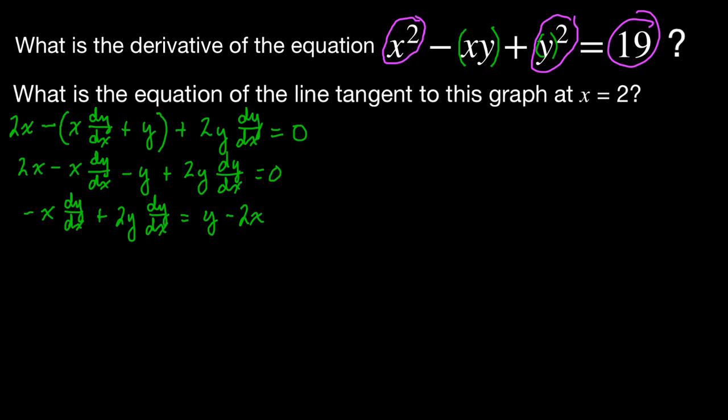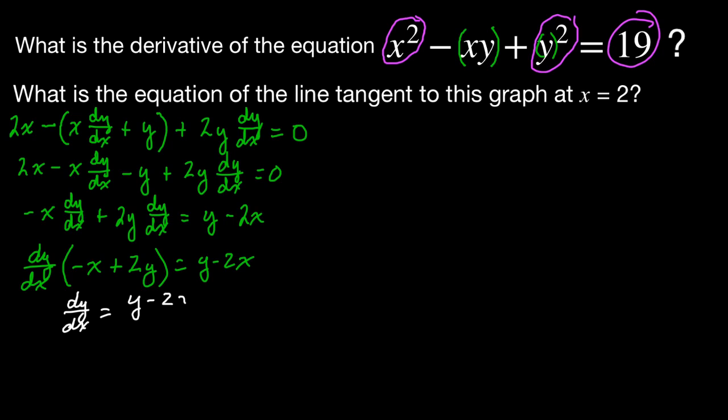Now we need to isolate dy/dx, and both of these terms have dy/dx in them. So you're going to factor out dy/dx, which will leave you with negative x plus 2y equals y minus 2x, and then solving for dy/dx, we get dy/dx is equal to y minus 2x over 2y minus x, or negative x plus 2y.